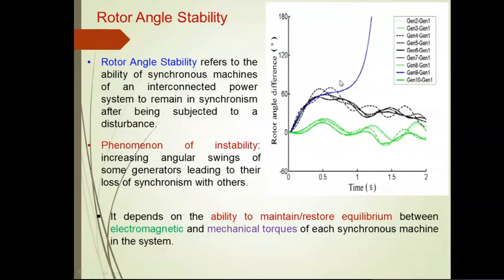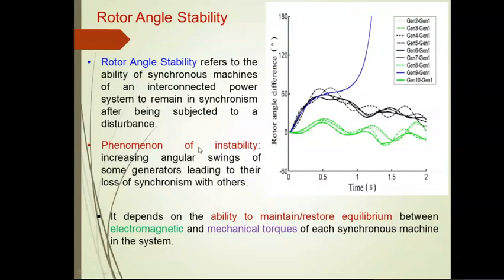This is generator 9 going into first swing instability, because in this case the generator goes out of synchronism on the first swing itself. This is referred to as first swing instability.